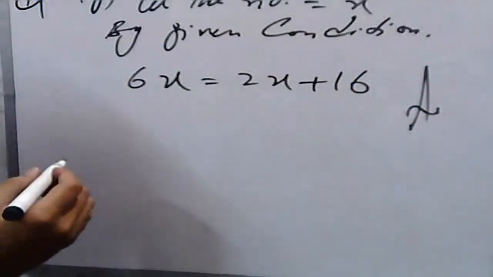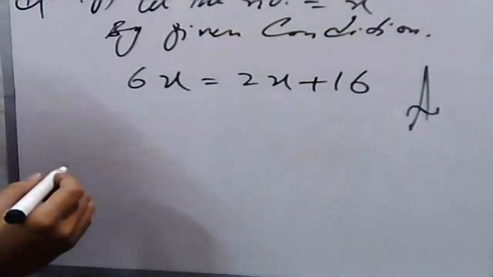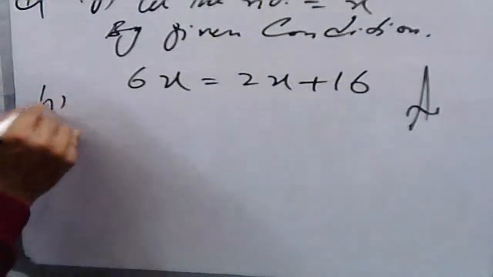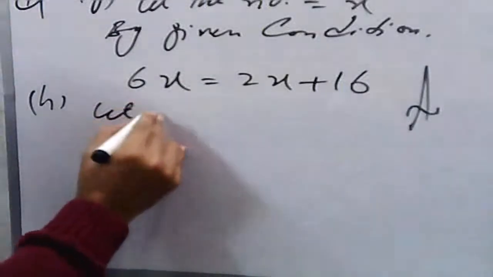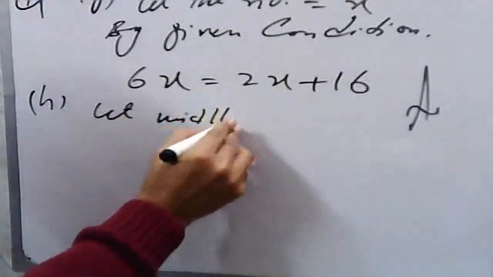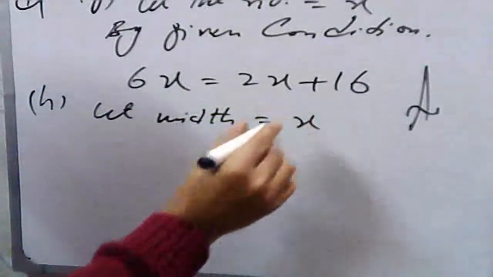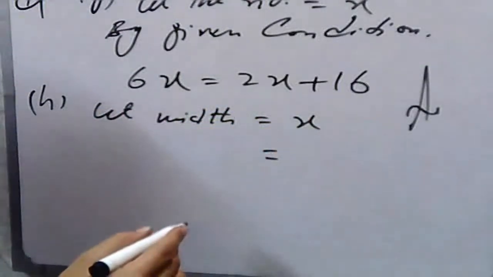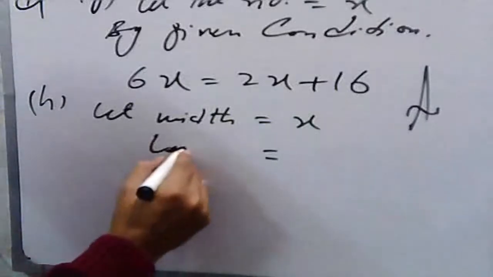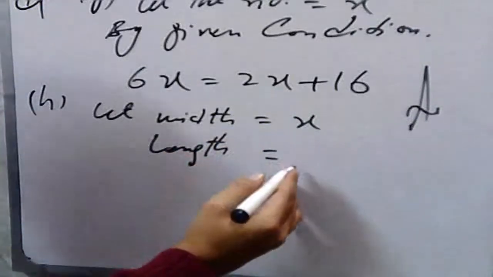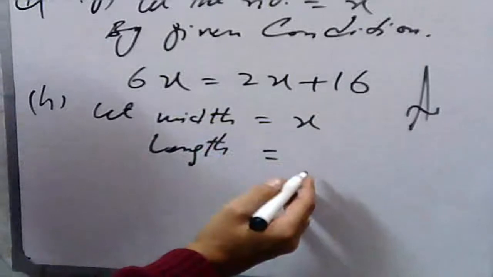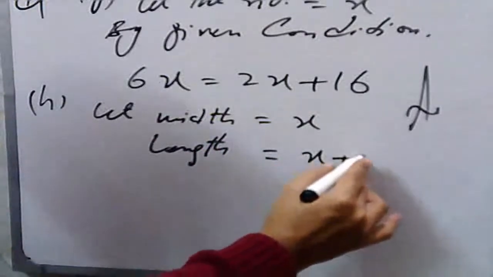Similarly, coming to the next part, that is your H part: the length of a rectangle is 5 meter more than its width, and the perimeter of the rectangle is 32. So width is unknown, so let width be equal to x, and length is 5 meter more, so x plus 5.